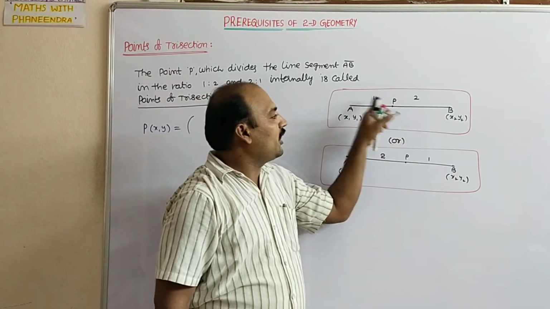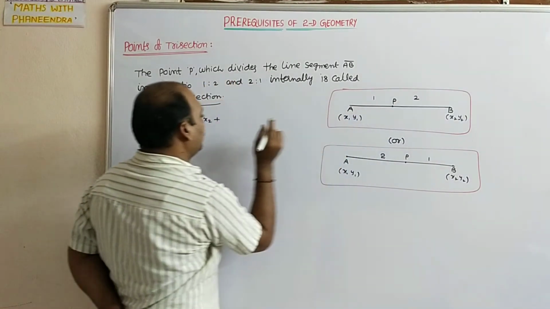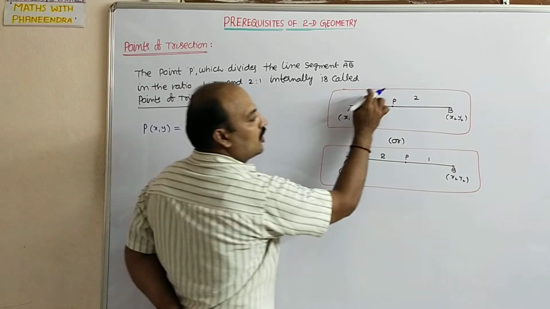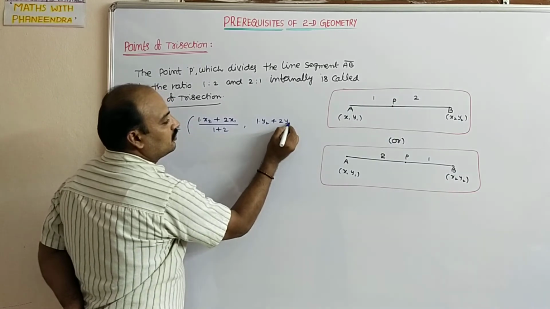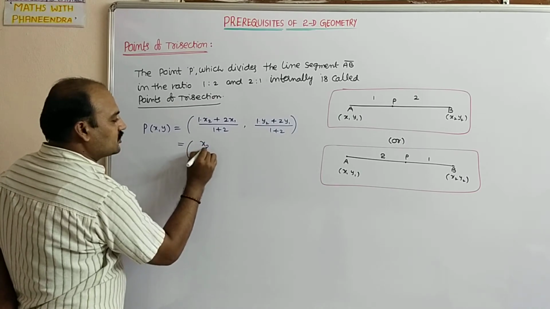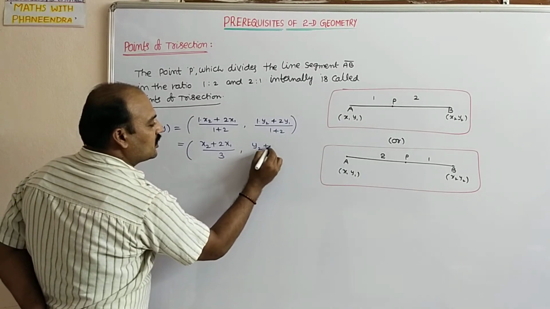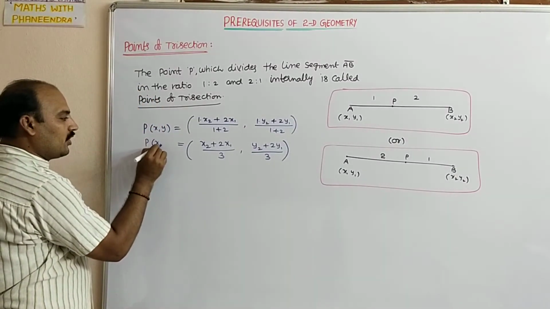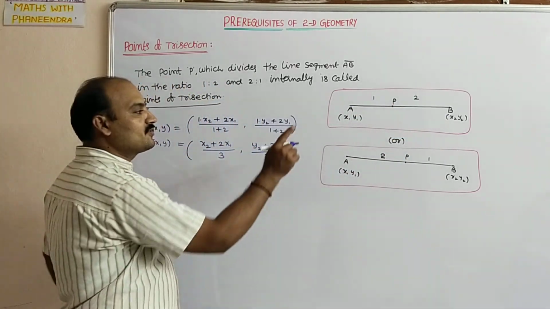So (m x2 + n x1)/(m + n): 1 into x2 plus 2 into x1 divided by 1 plus 2, comma, 1 into y2 plus 2 into y1 divided by 1 plus 2. That means (x2 + 2x1)/3, (y2 + 2y1)/3. So this point P of x comma y, which divides the line segment joining A and B in the ratio 1:2 internally, is called a point of trisection.